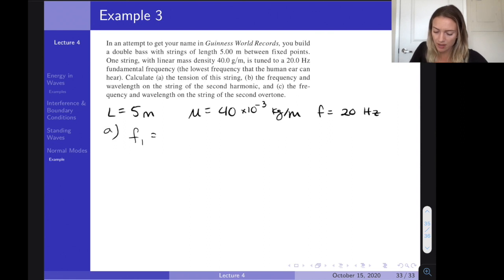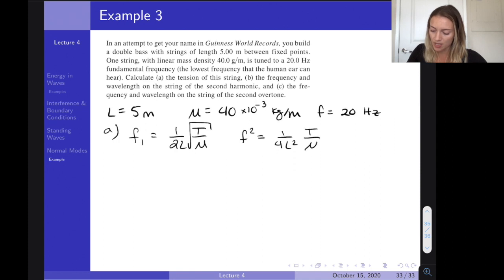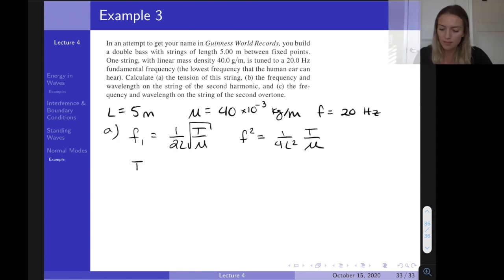Because we just had this equation. So, oops, that's a T. Let's square everything and then solve for T. We get the frequency squared is equal to T over 4L squared mu. All right, so now we have the tension is equal to f squared times 4L squared times mu.